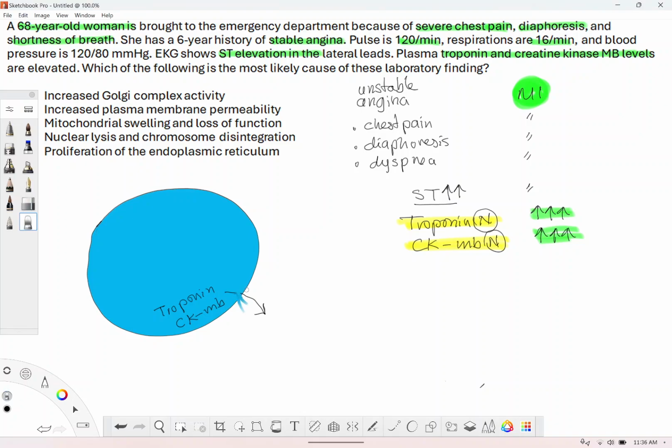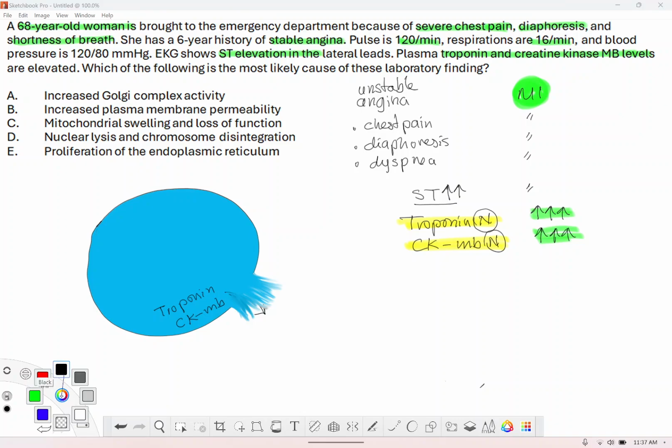The cell bursts and its whole cytoplasm will leak. When the cytoplasm leaks, you will find the enzyme floating in your plasma. As long as the cell membrane is intact, you will not find this enzyme at a higher concentration. So only then I'll find T and CK in plasma.